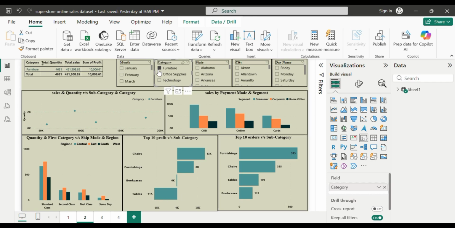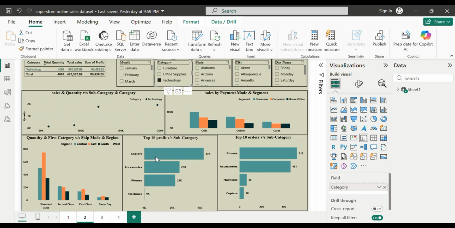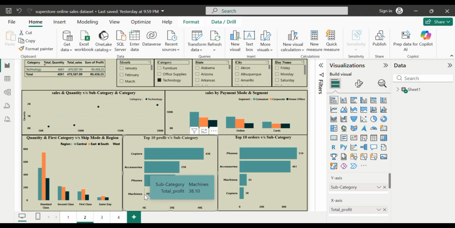These tables are also okay. Furniture, technologies. This is just 38 rupees of profit for 2 years. So this is a problem.